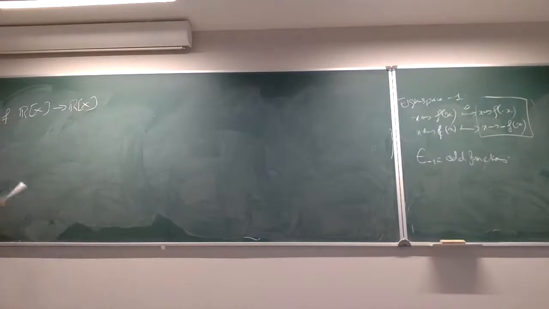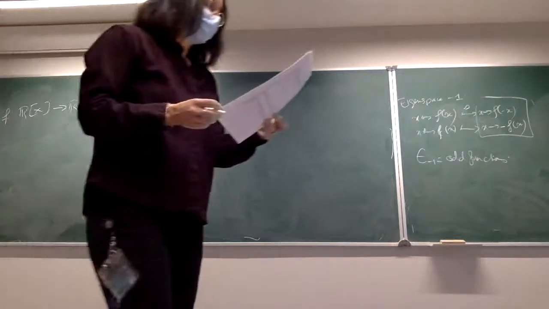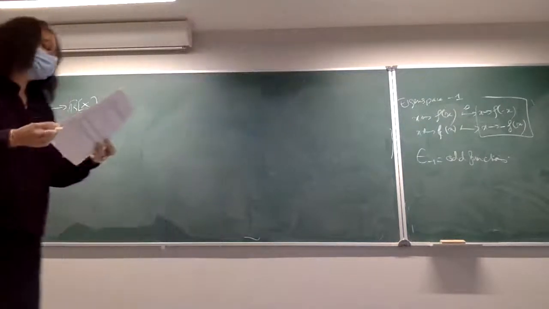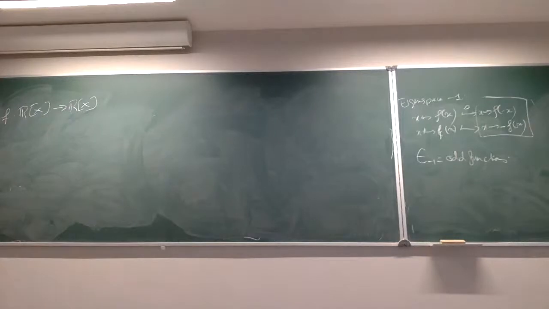Maybe I can try first to make a simpler one. Let's reduce that first to R3[x], polynomials of degree at most 3, and then we will see how we can generalize.